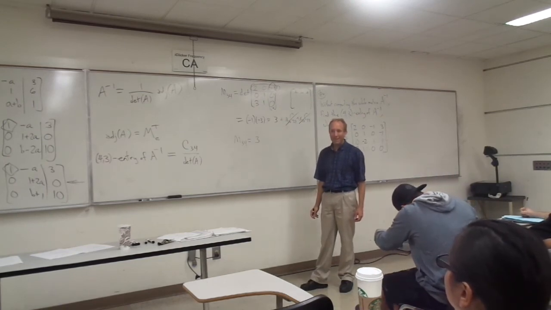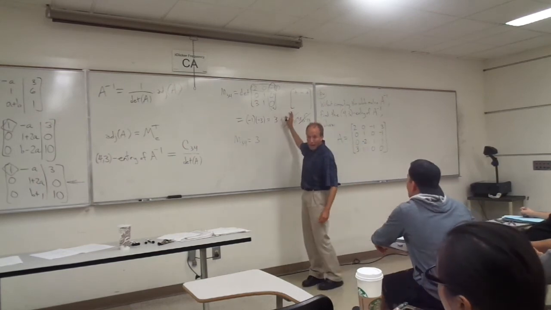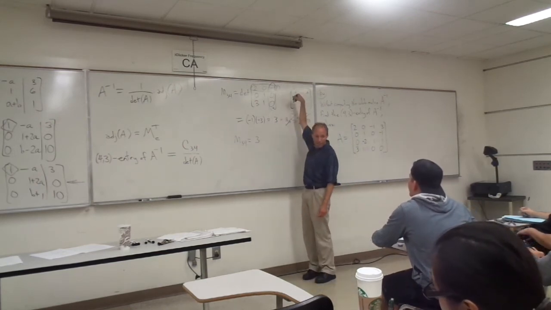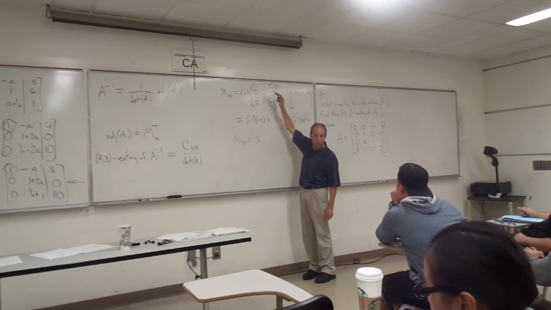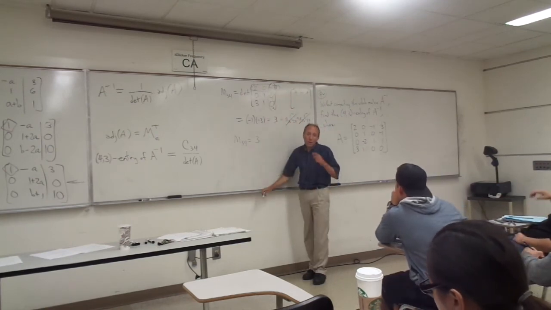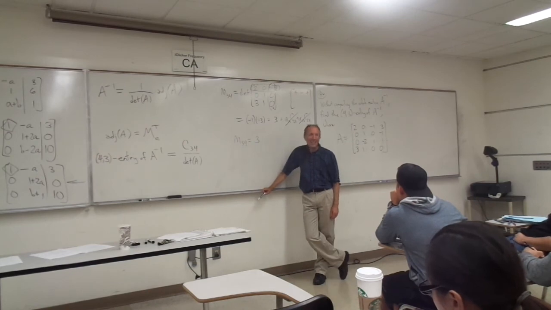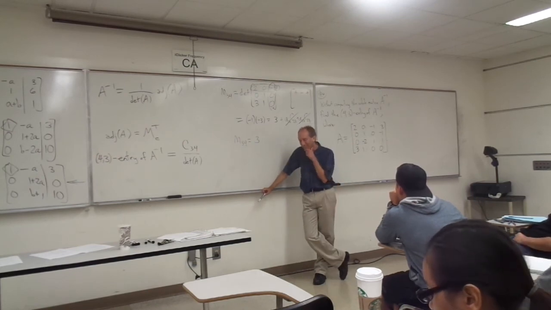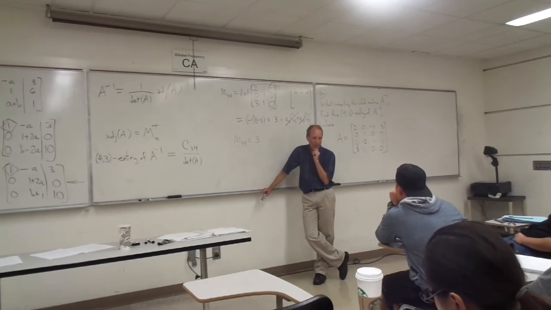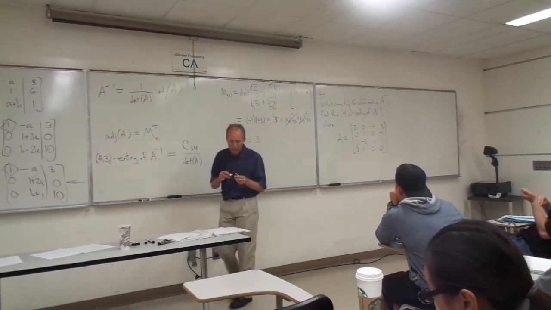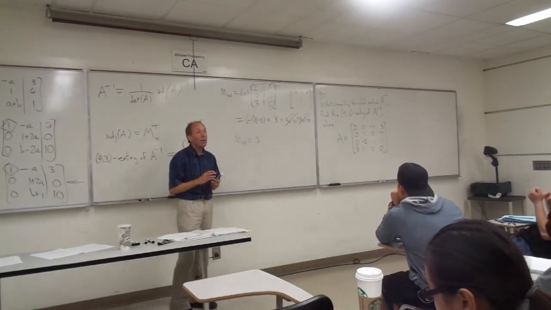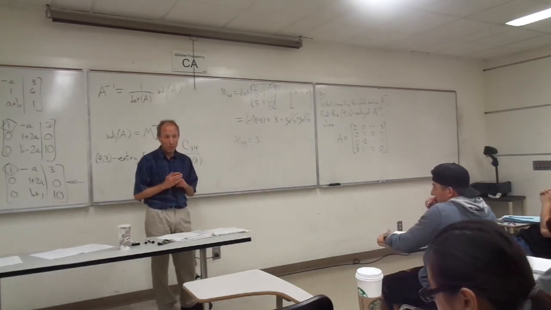With me? If you don't like that, of course you can do the arrow method. That's also fine, but I really hope and think that it should be okay. Actually, later in the semester, just to give you a preview, you're not going to want to do the arrow method all the time, even for 3 by 3. The reason is that later in the semester, we're going to be dealing with matrices that have variables in them, not just numbers.